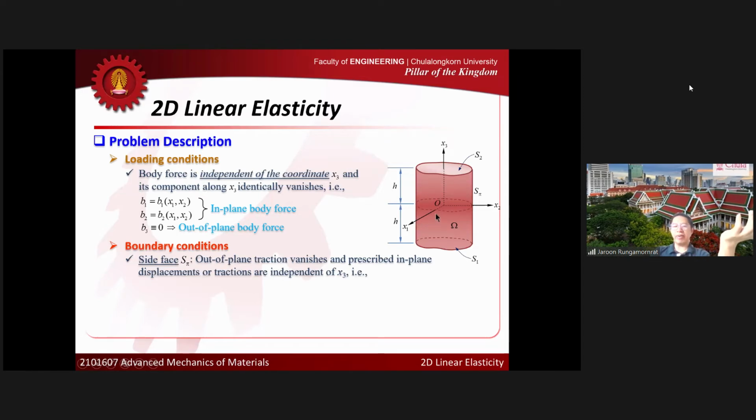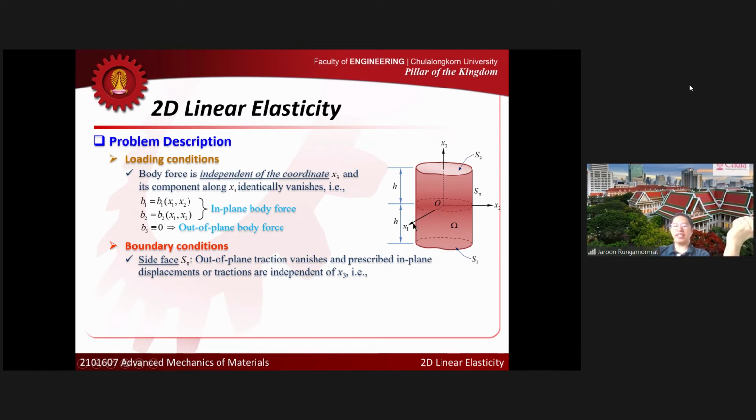And how about the in-plane quantities? By in-plane quantities, I mean the quantities in the x1 and x2 directions. We can prescribe the conditions in the in-plane directions in 2 ways, similar to the 3D case.